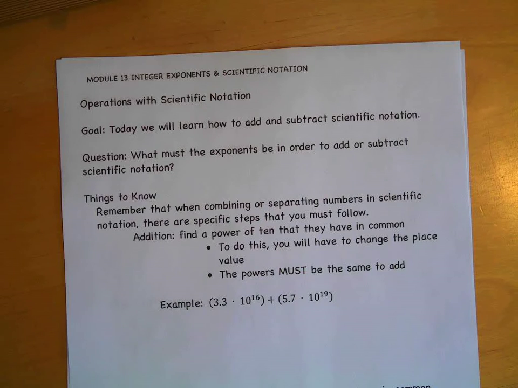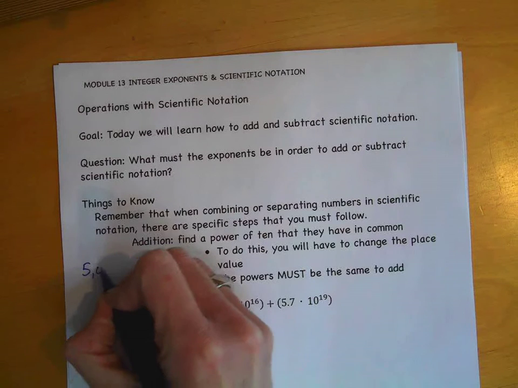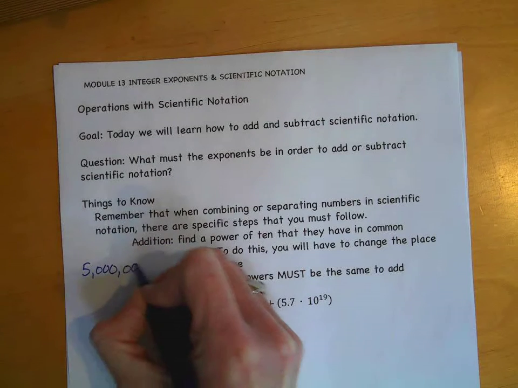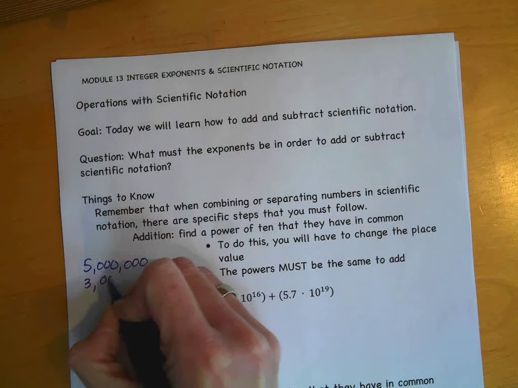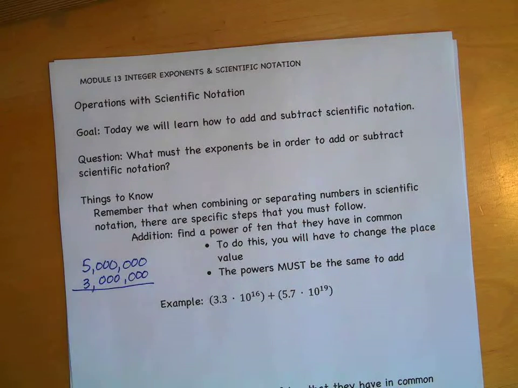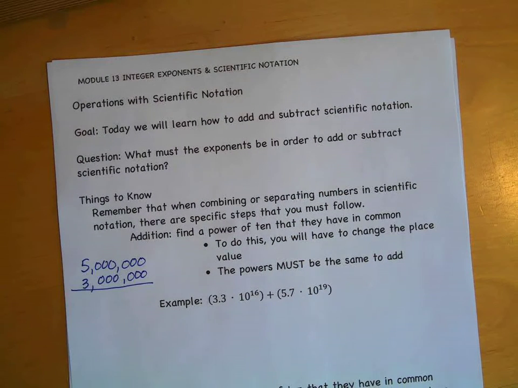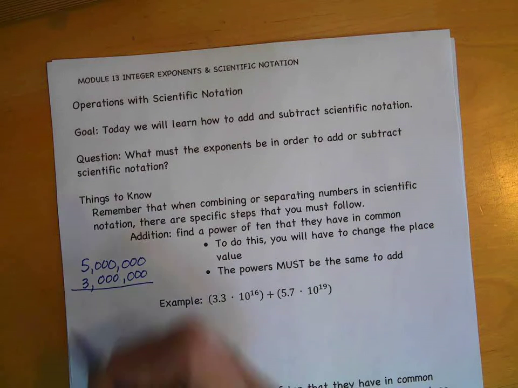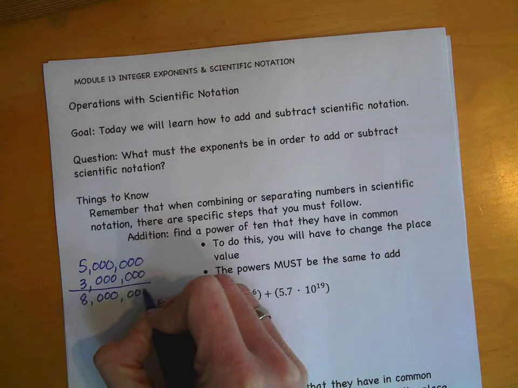So first, how do we add 5 million and 3 million? They're in the same place value, because 5 is in the millions and 3 is in the millions. So you just add them together and you end up with 8 million.